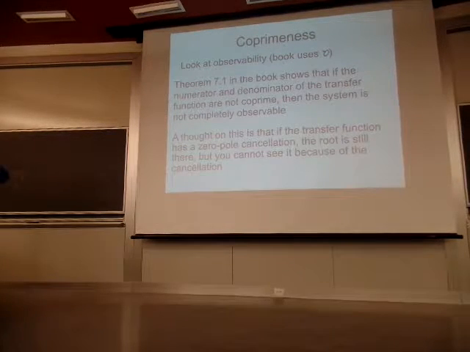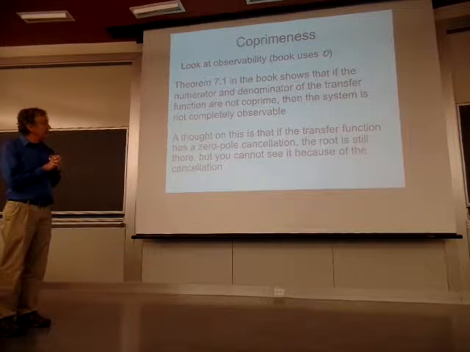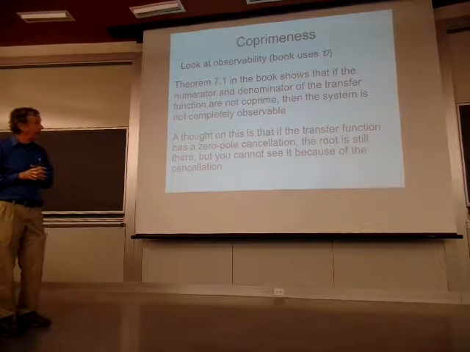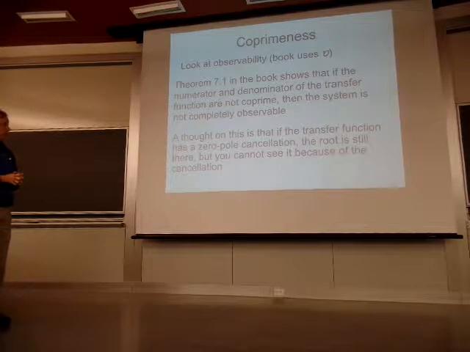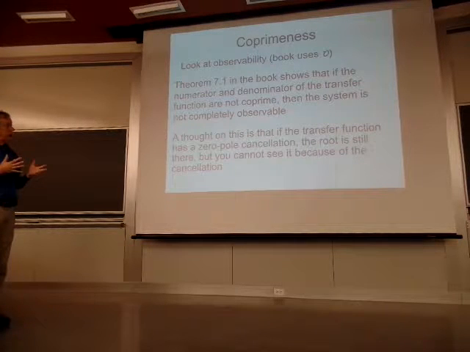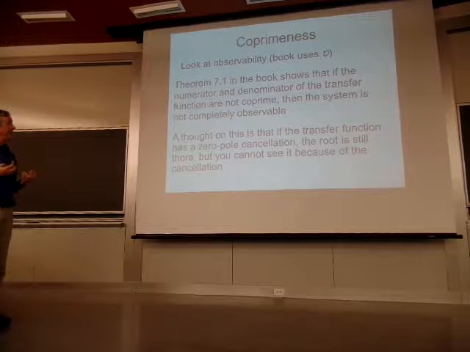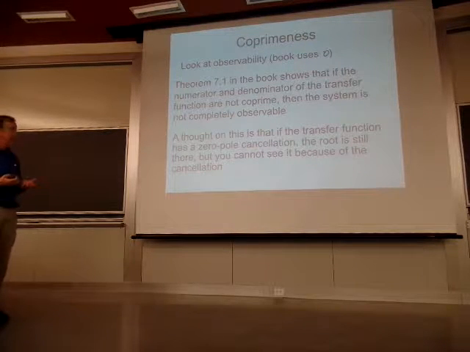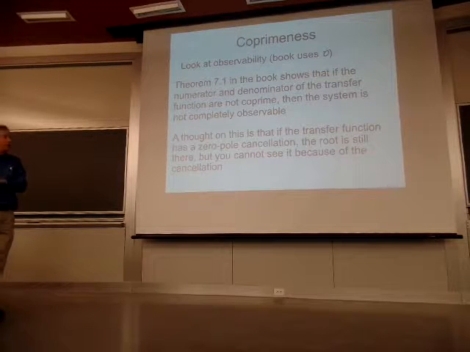Okay, so let's look at coprimeness for observability, and I'll give you the notes of the theorems for both of these. If the system is not coprime, the system is not completely observable, which means my states are not getting to the outputs.